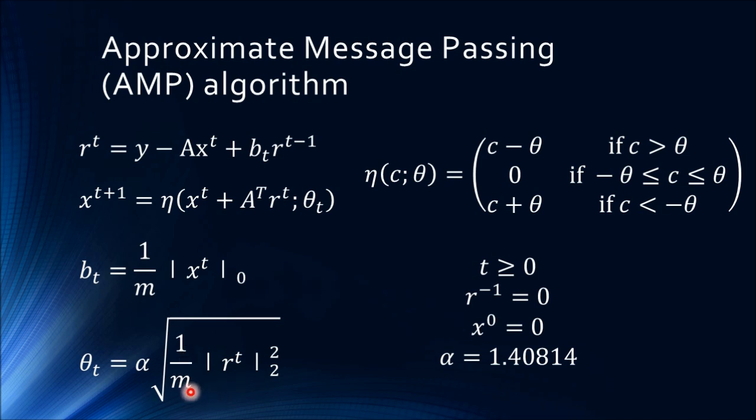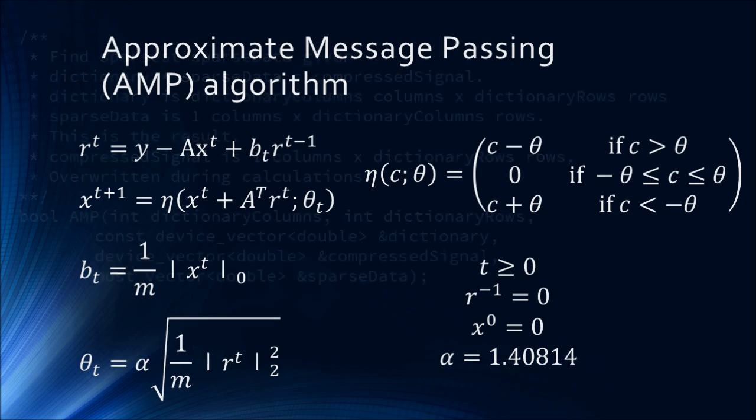Again, m is a constant based on our problem dimension. And a, well, that's been empirically determined in the literature for us. There's a very common set point value to converge pretty quickly. And this n function is a soft thresholding, which we can see is basically a little if-else-if. So this translates to code pretty straightforward. So I was quite pleased with that. I could get my mind around the iterations.